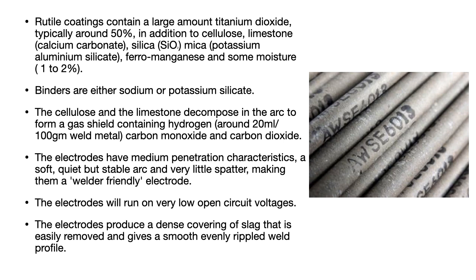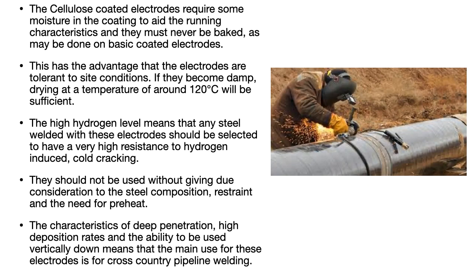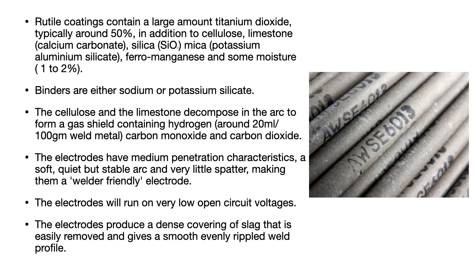However, it is very tolerant. The cellulose electrodes are very tolerant to site conditions, so it is gaining wide acceptance. However, in rutile electrodes, the arc which is produced is soft and also stable, and at the same time, it will have very little spatter compared to cellulose.